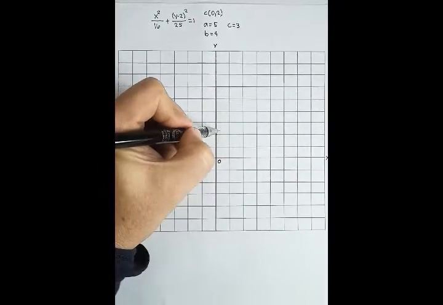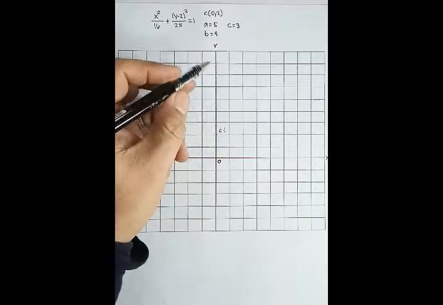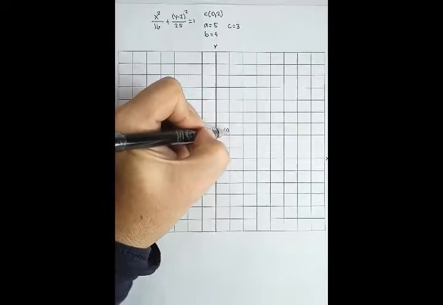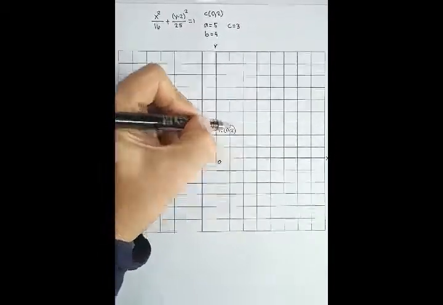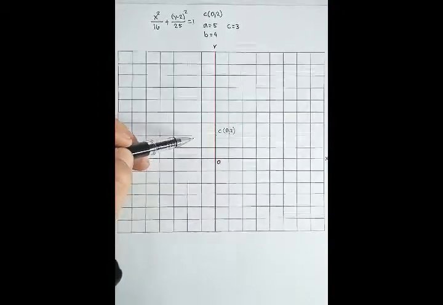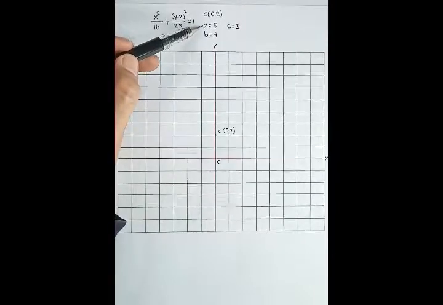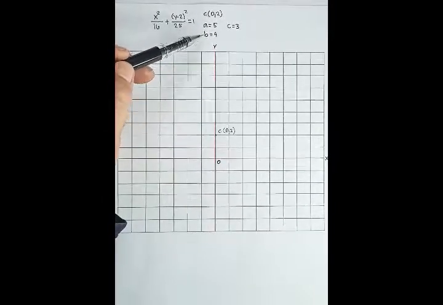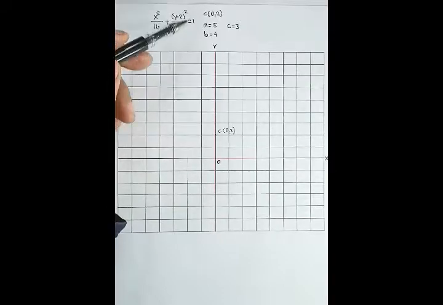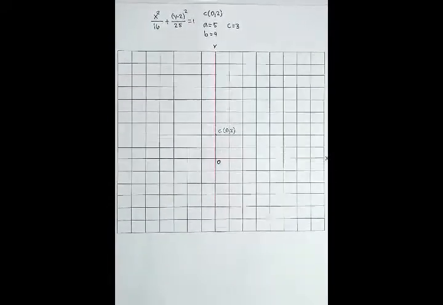This is our center. Its location is at 0, 2. And then, from the center, we count using the values of A, B, and C for our vertices, co-vertices, and foci.